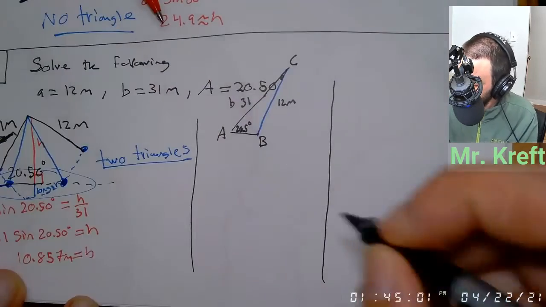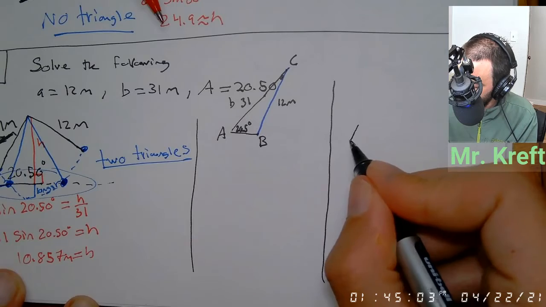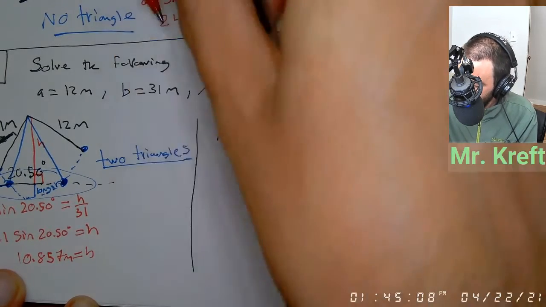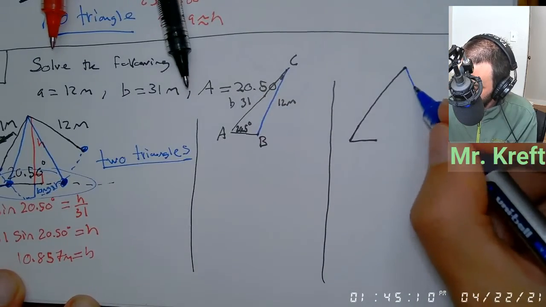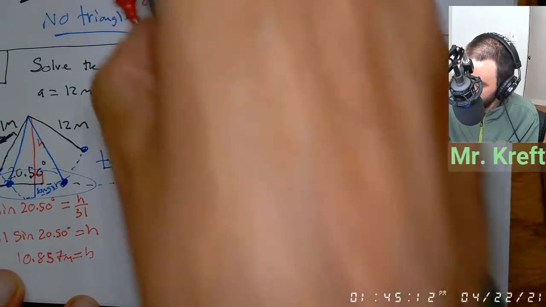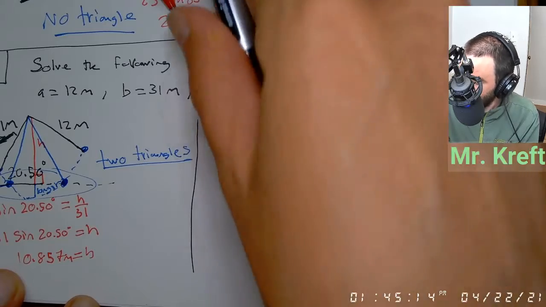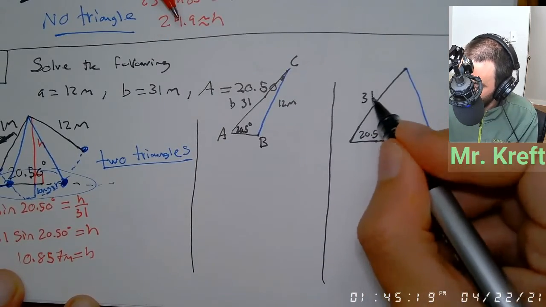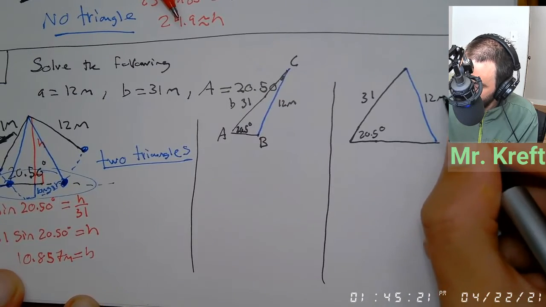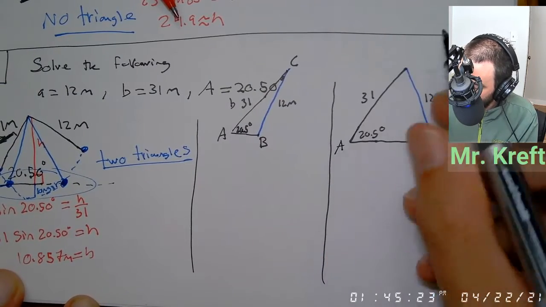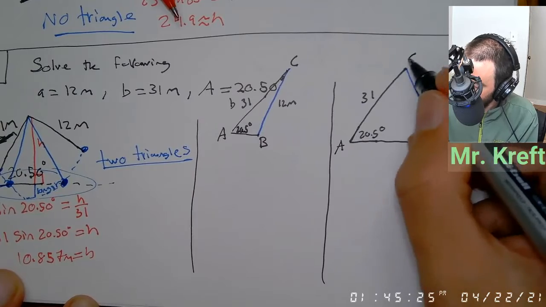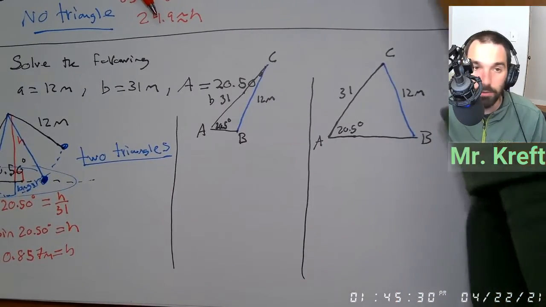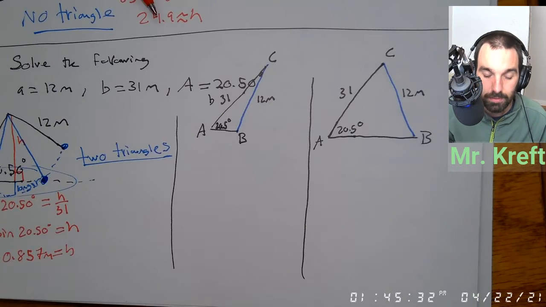And then my other triangle, I have angle A, that's the same, and B, and C is going to be over there. This is 20.5, this is 31, this is 12, this is B, C. So these are the two triangles that I got from that experiment.